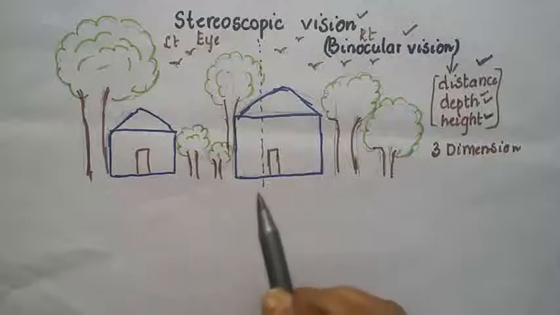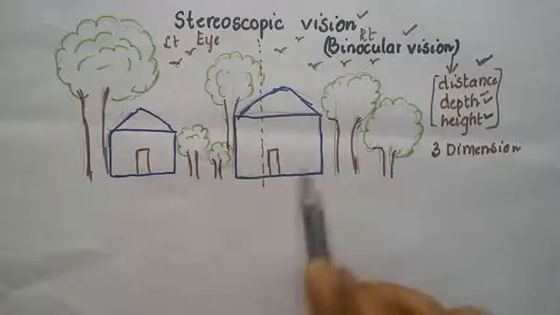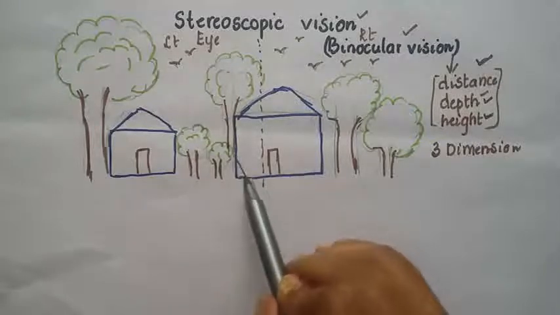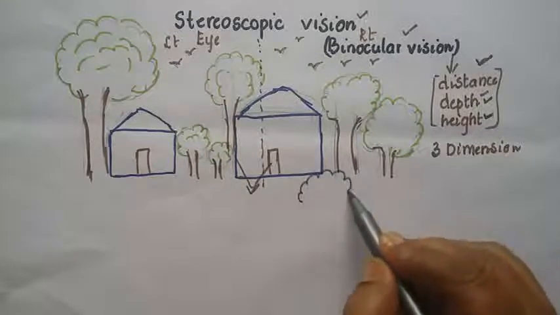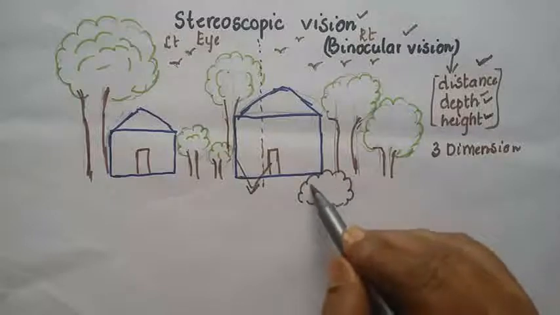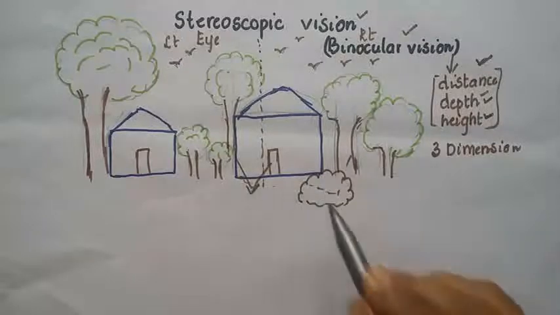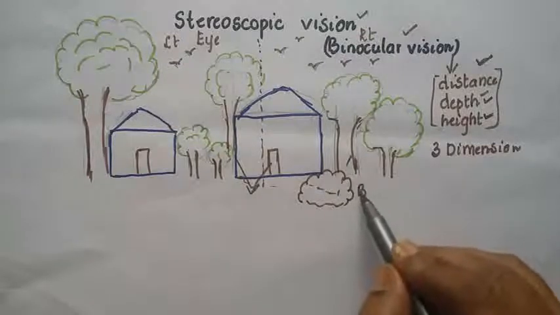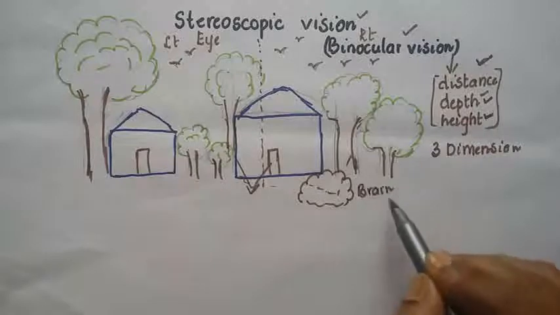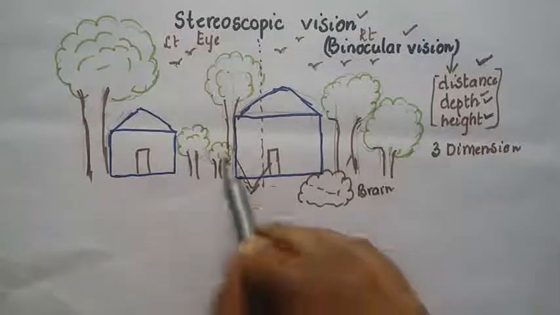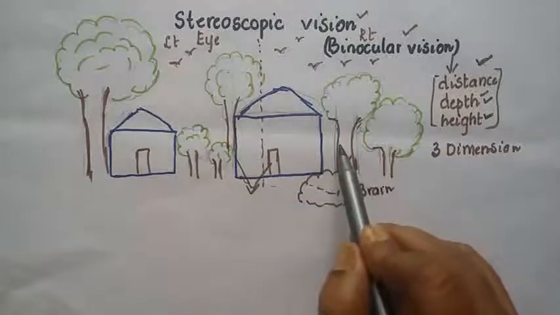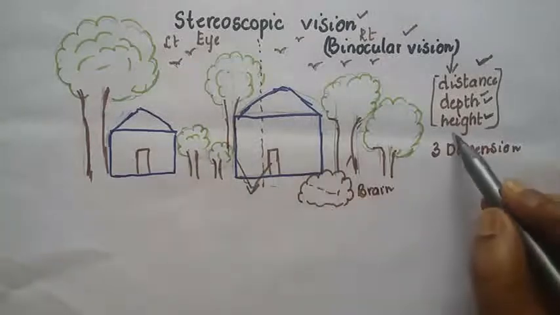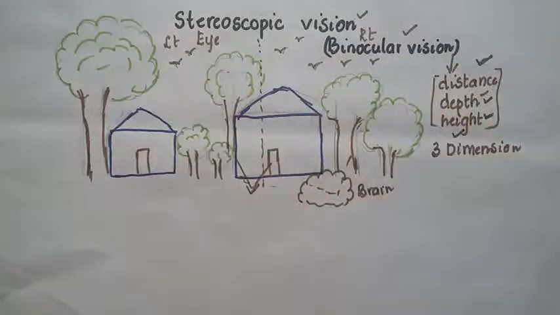Okay. So though they are two different images, both the images will be carried to our brain. It is carried to our brain, and our brain will overlap. It overlaps the left image followed by right image, which gives the 3 dimension of that particular object.